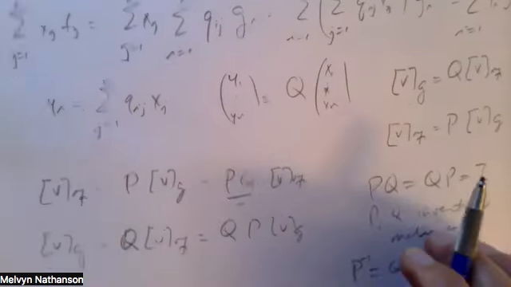So suppose we have n by n matrices P and Q, the n by n matrices which are invertible, and each is the inverse of the other, with P inverse equal Q. So PQ is the identity, and QP is also the identity, the n by n identity matrix.